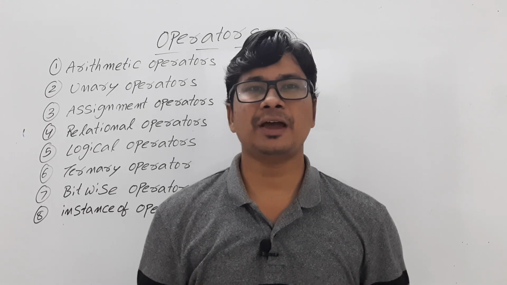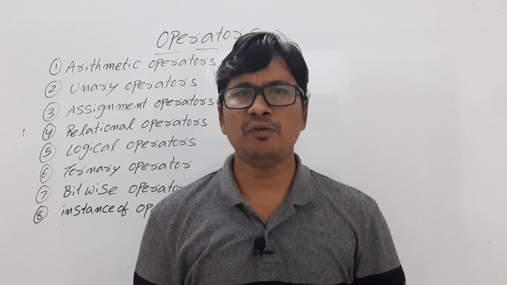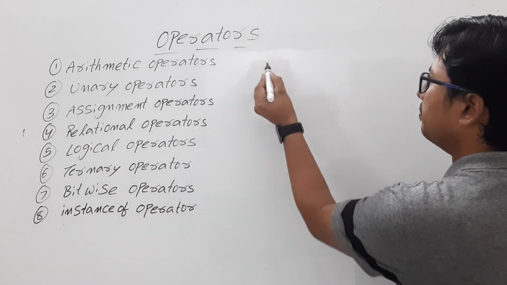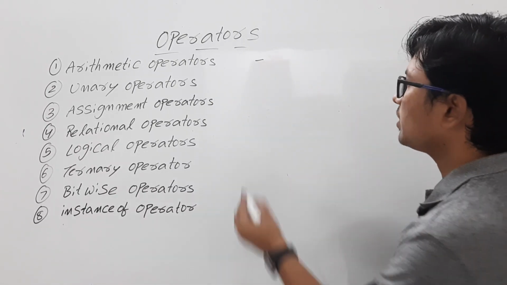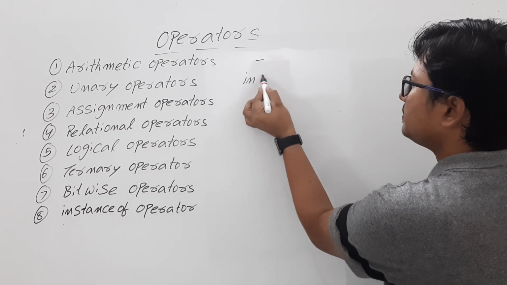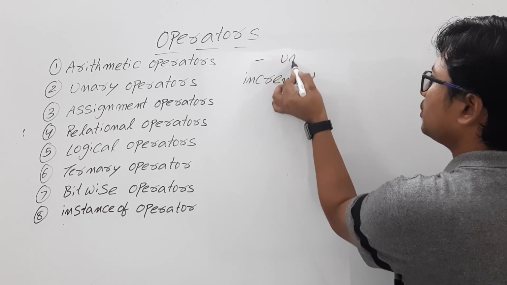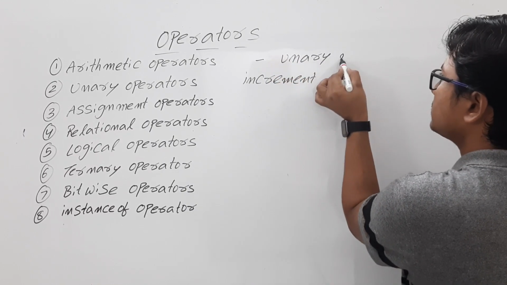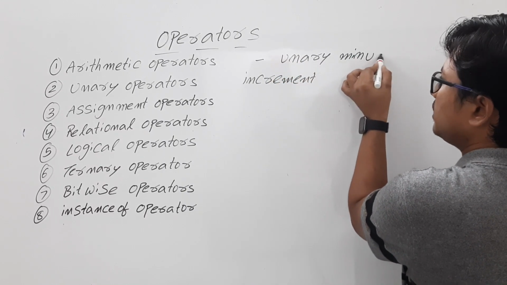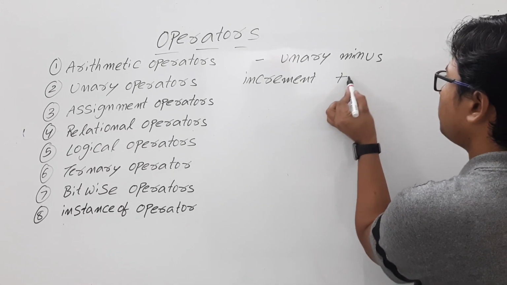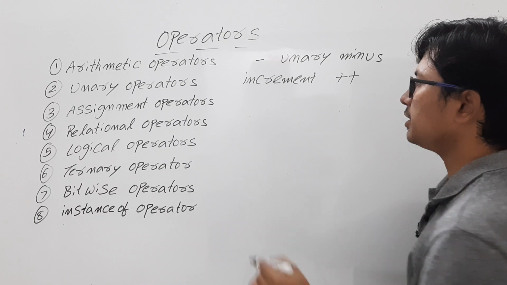Now let me discuss unary operators. Java supports various unary operators such as unary minus and increment. In increment you will have post increment and also pre increment.